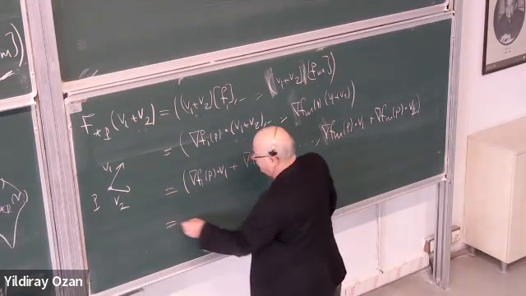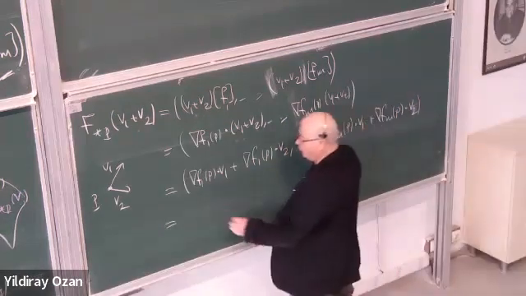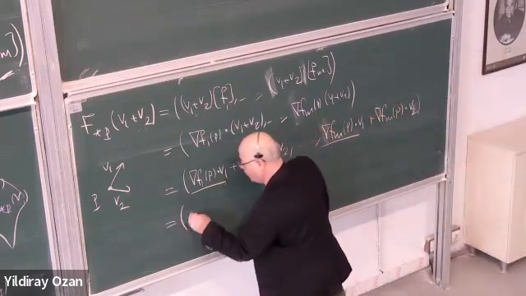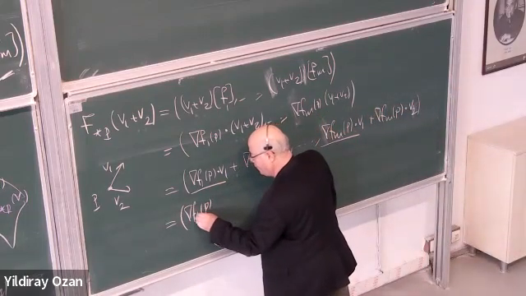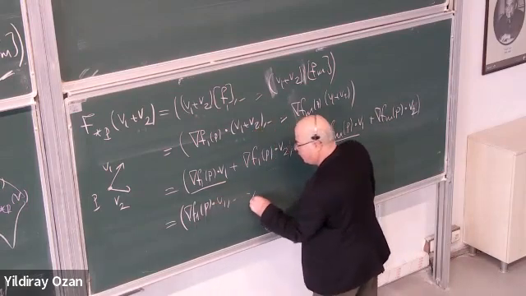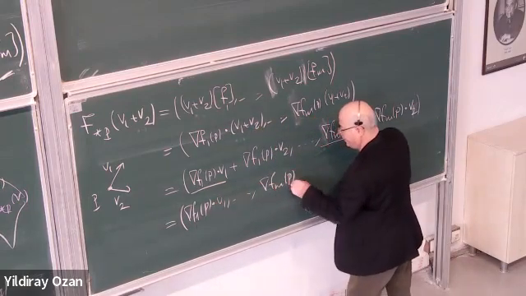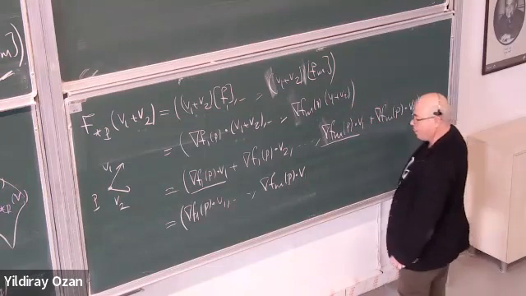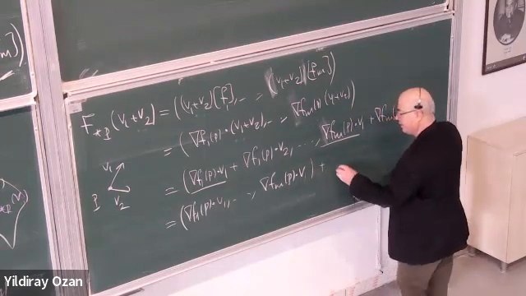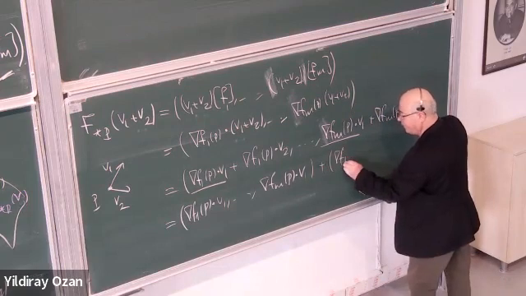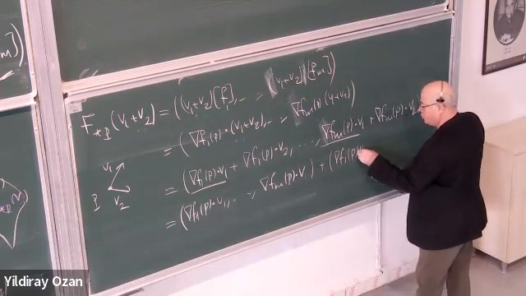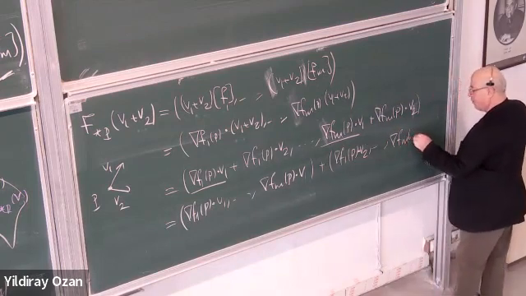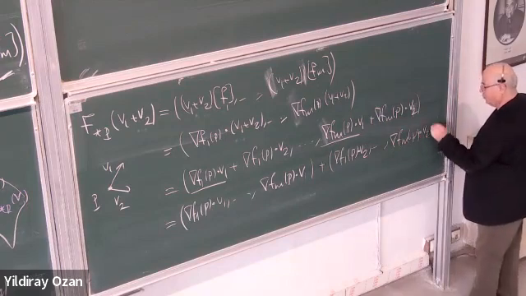And this can be written as what? This is the sum of two vectors. I take these vectors, this component, so del F1 at P along V1, up to del F_m at P along V1, plus del F1 at P along V2, up to del F_m at P along V2.